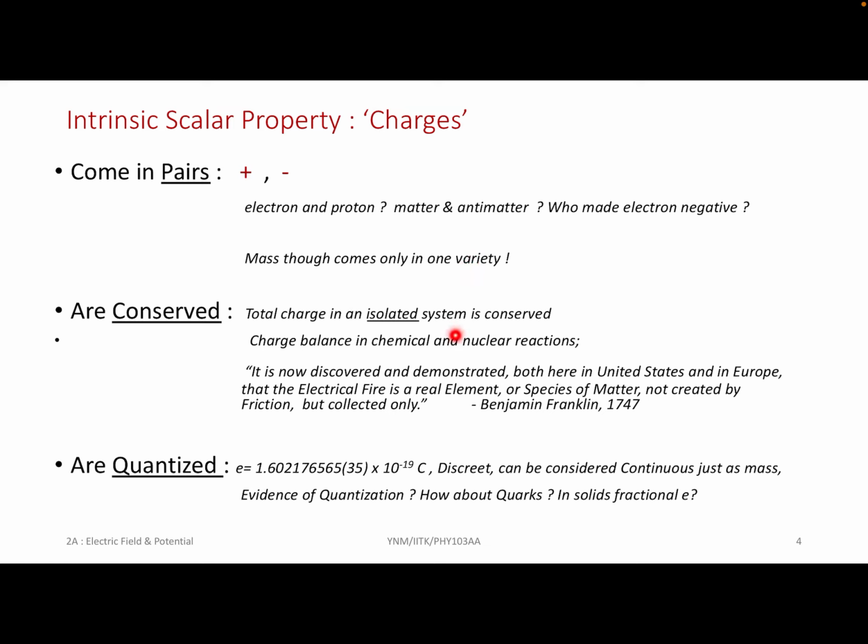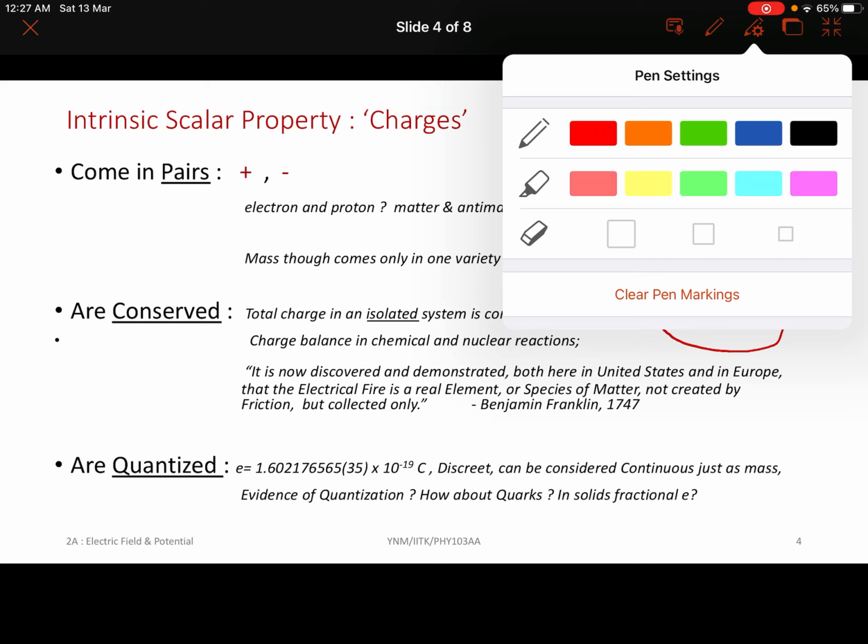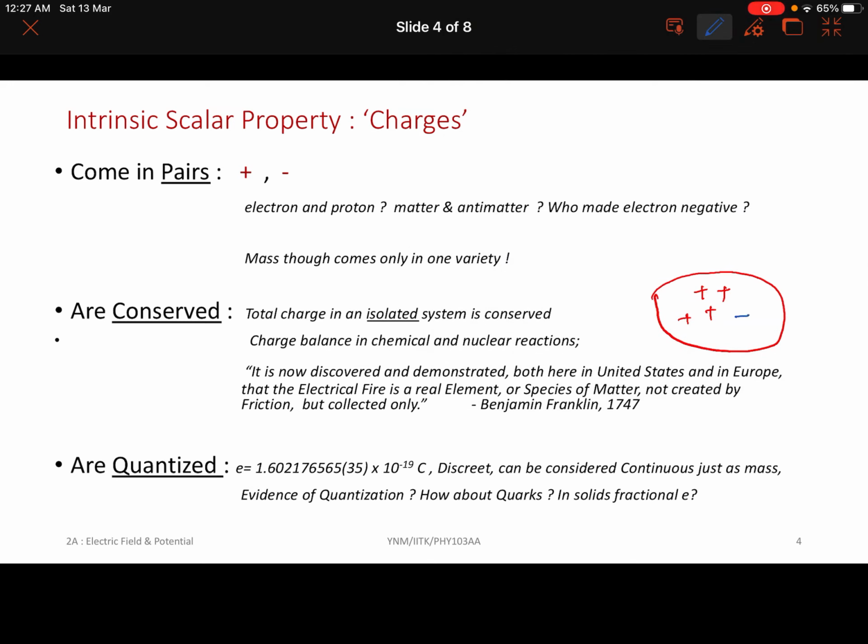The principle of conservation of charge is extremely important. What it says is that if I have an isolated system in which there are plus charges and minus charges, then the total charge, the sum of the two, must be maintained unless of course there is a flow of charge from outside.